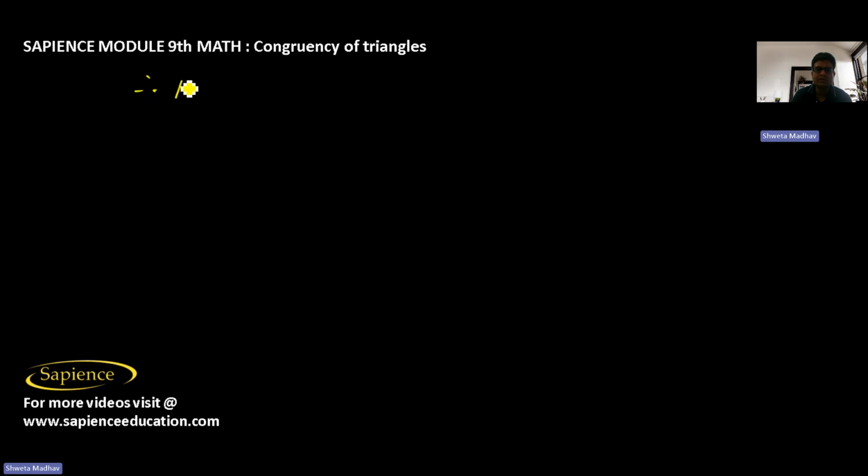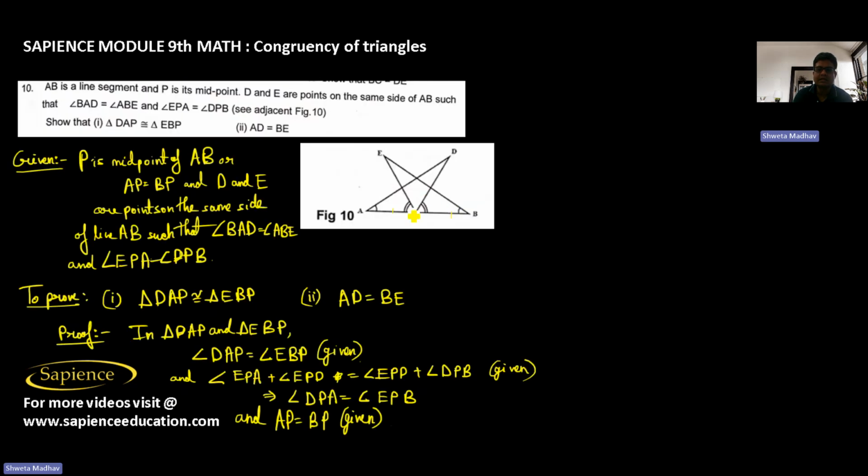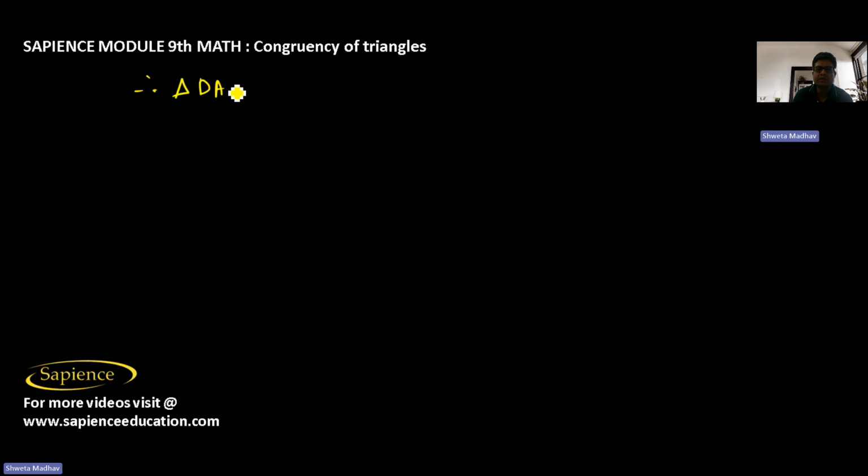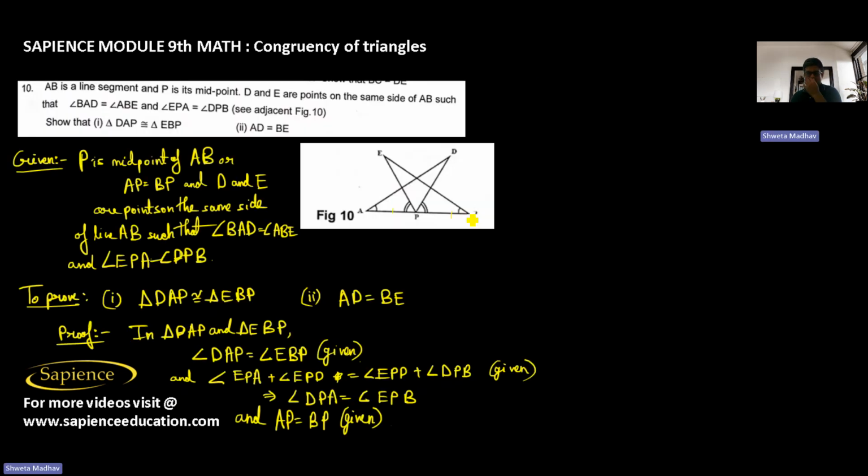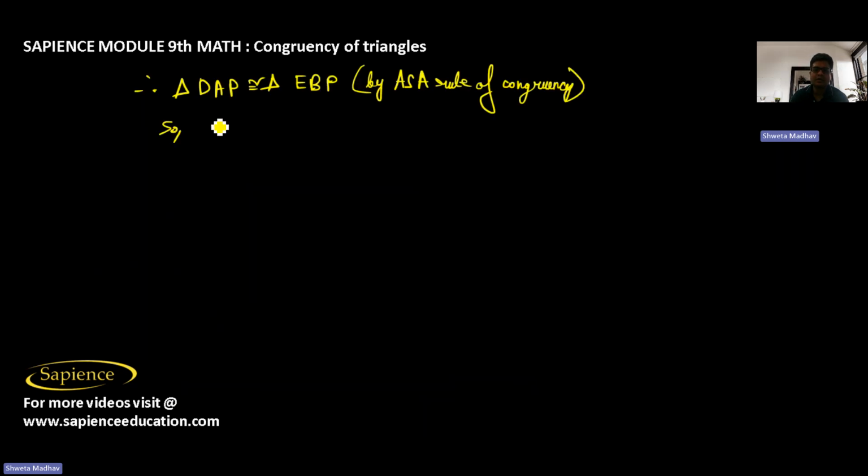Therefore triangle DAP is congruent to triangle EBP, by ASA rule of congruency. And so AD will be equal to BE by CPCT. So hence proved.